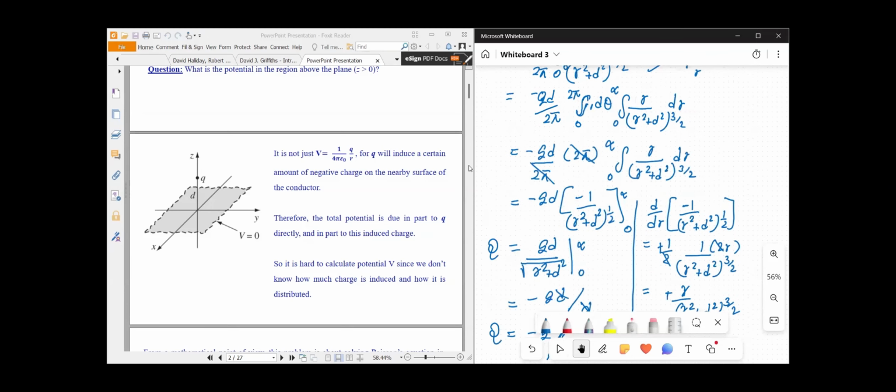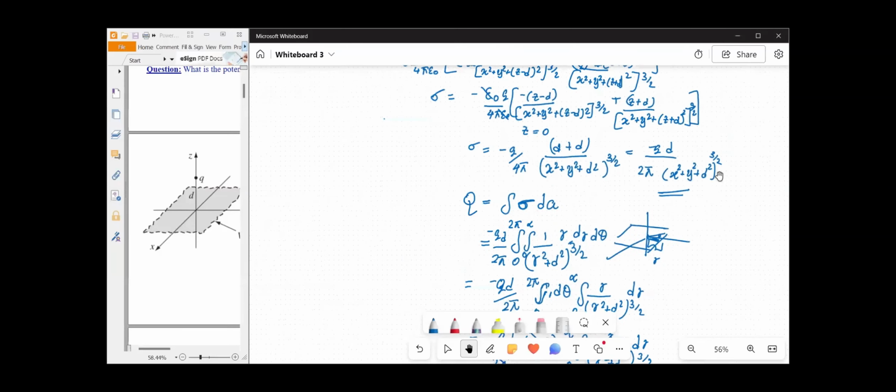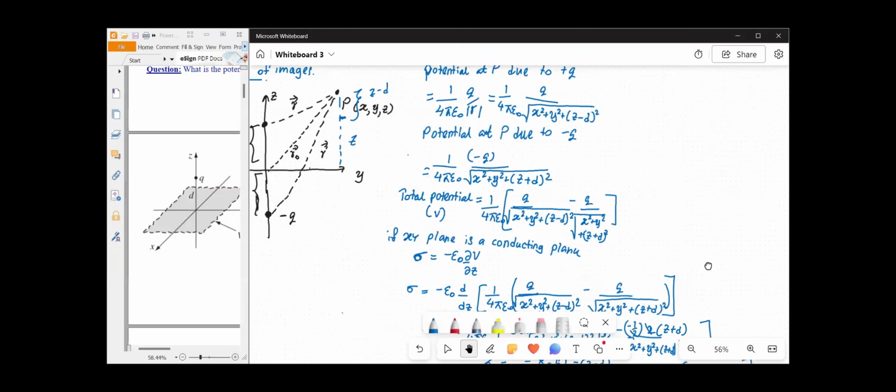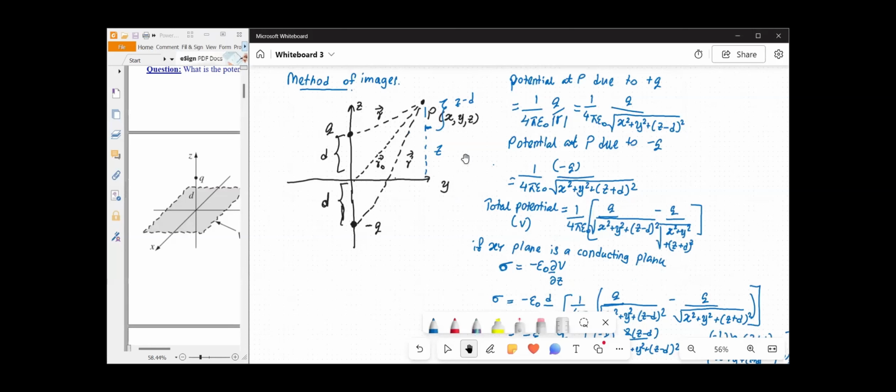Now for this method of images discussion, first we initially had this Q charge here, then I introduced a negative charge here, and then we calculated the potential at this point P due to this plus Q and minus Q. Then we assumed there is a conducting plane on this xy plane.